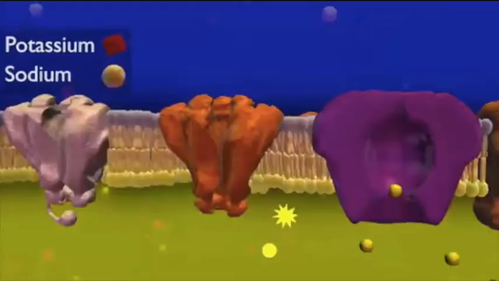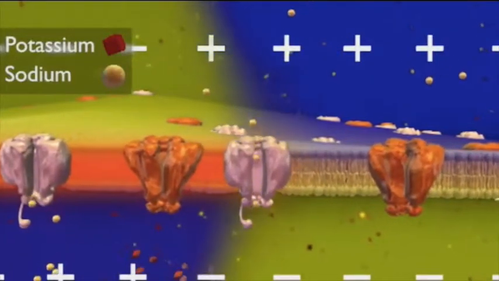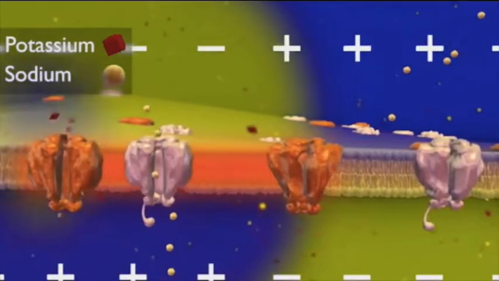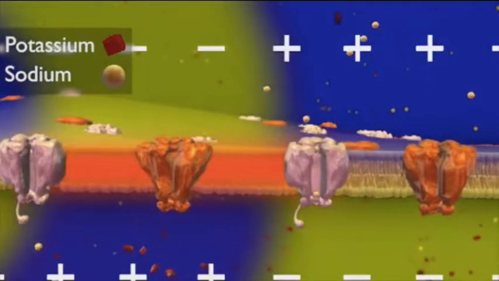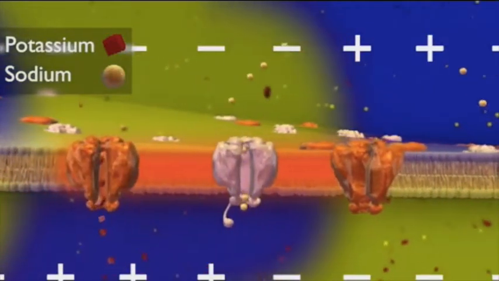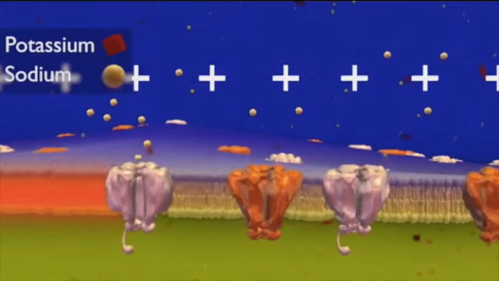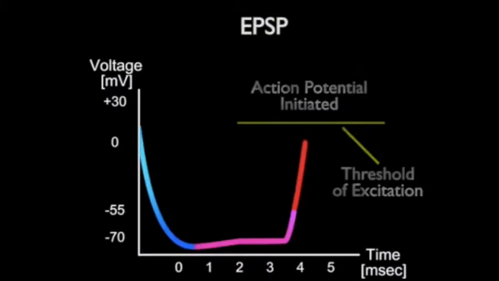Sodium brings its positive charge with it, which changes the charge inside the neuron to positive. Since the inside of the neuron is becoming positive with the influx of sodium, the change in electrostatic pressure results in the opening of potassium channels, and positively charged potassium flows out of the cell. The sodium channels then close, and the peak of the action potential is reached.